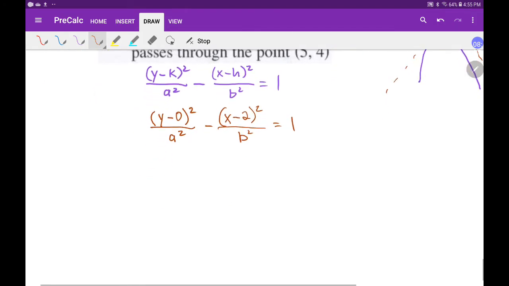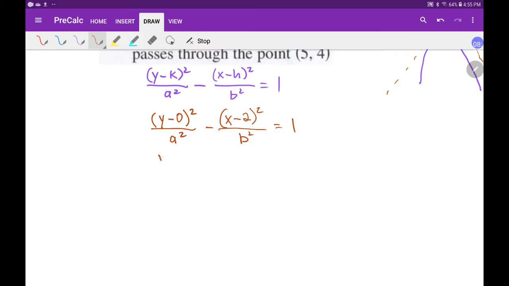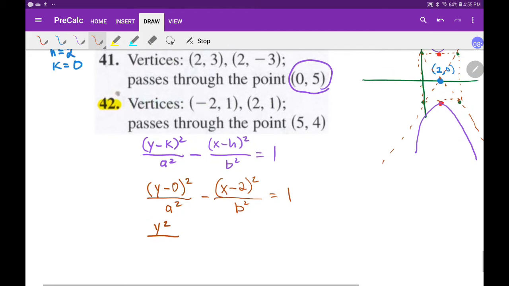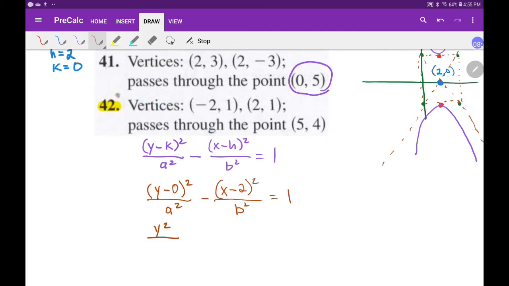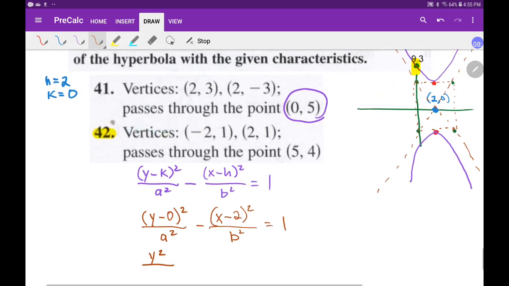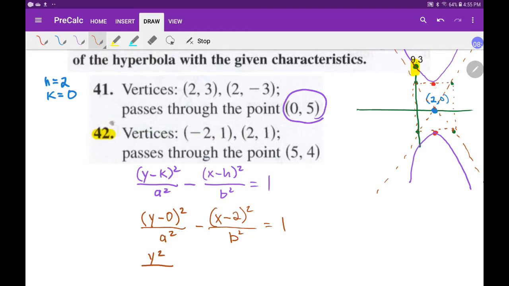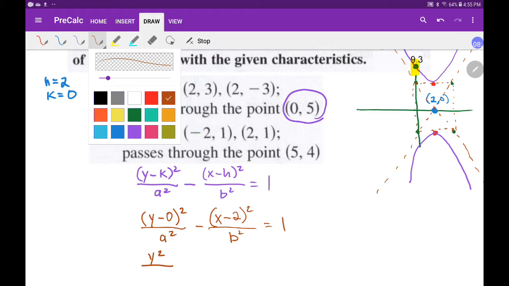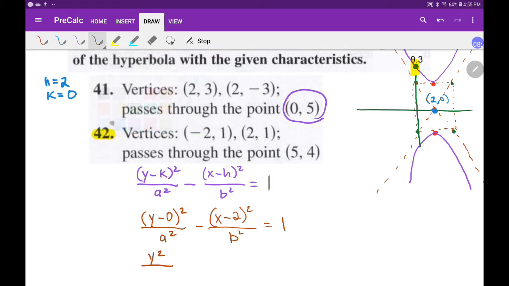And then we're thinking to ourselves, well, I know what a is. A is 3. Because look, it's from here to here is 3, and down here is negative 3.